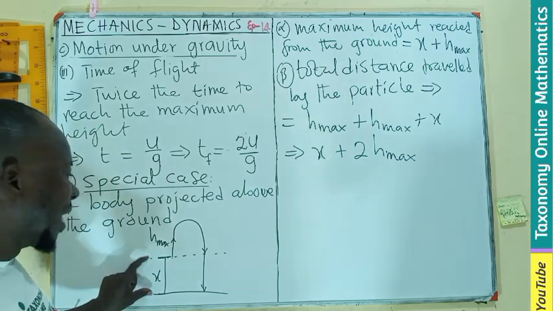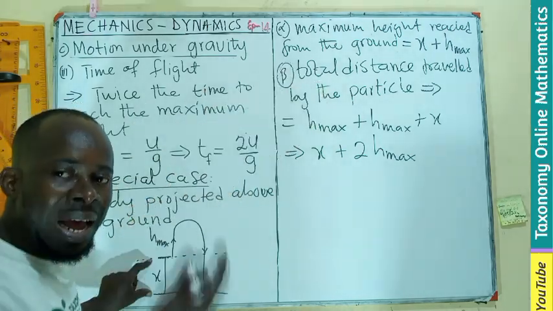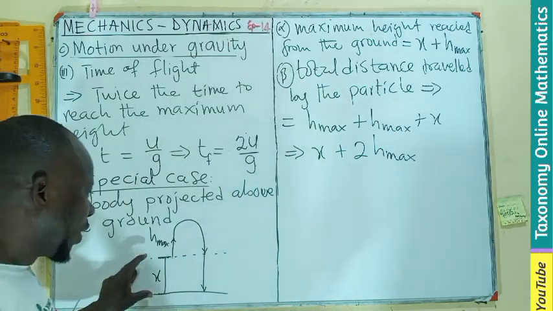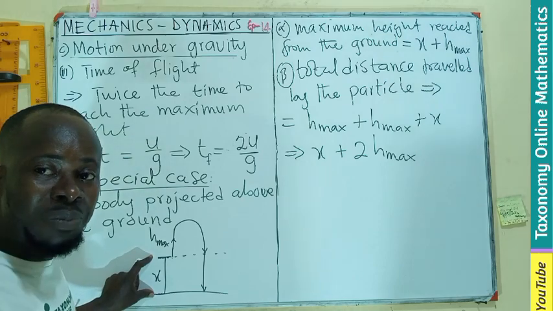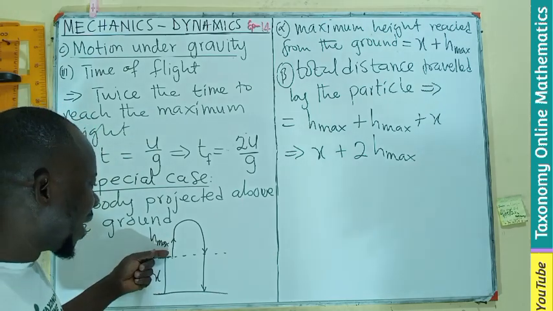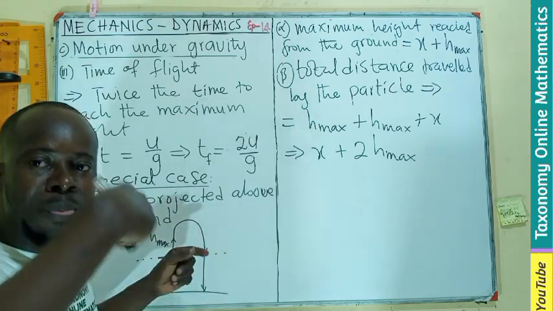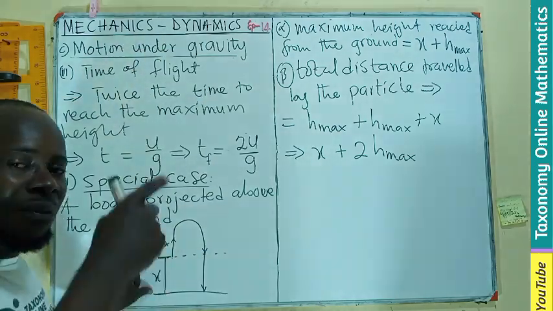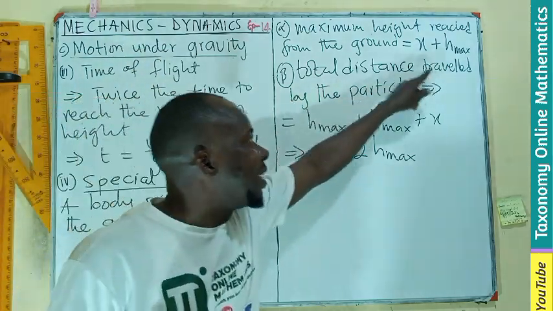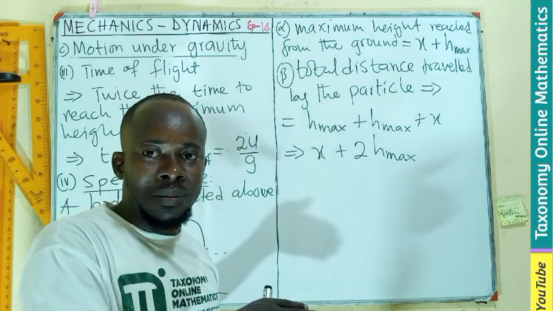So let's assume this is a tower. I am on top of a tower and I throw a ball. So the top of the tower to the ground might be 15 meters. The maximum height reached by the ball is 10 meters. Therefore, 10 meters plus 10 meters plus the 15 meters give you the total distance traveled by that particle.